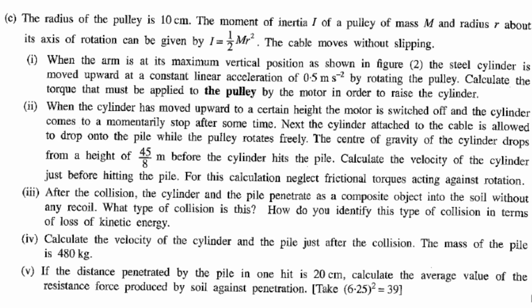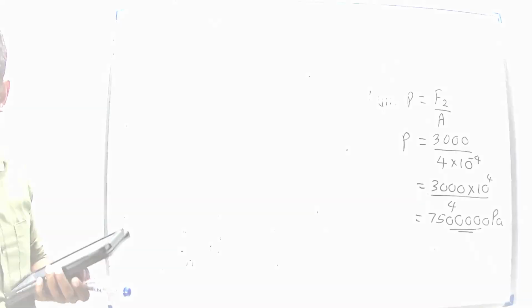When the arm is at its maximum vertical position, as shown in figure 2, the steel cylinder is moved upward at a constant linear acceleration of 0.5 meters per second squared. By rotating the pulley, calculate the torque that must be applied to the pulley by the motor in order to raise the cylinder.